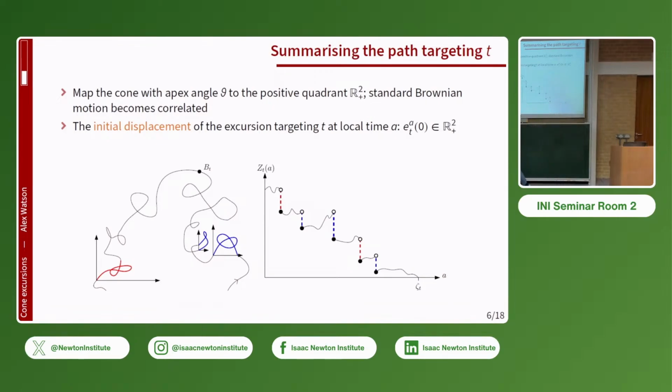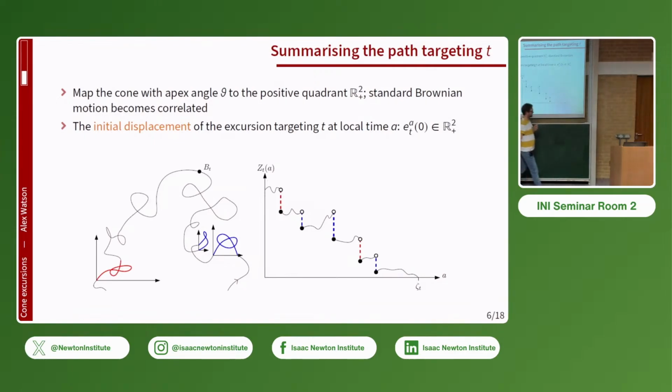And now when I look at all these excursions that are going along, centered at different points, I just want to focus in on the initial displacement of this thing. So you have this whole excursion, it starts somewhere, ends somewhere. The initial displacement is the starting point, because the end point is 0, because I've centered it like that.